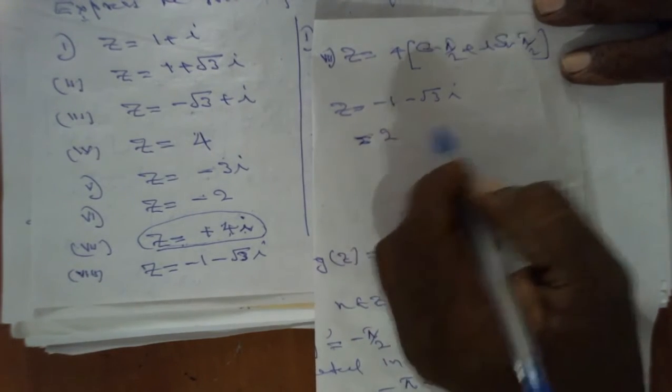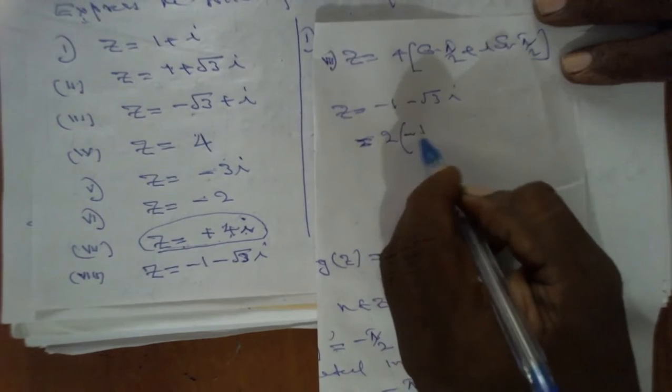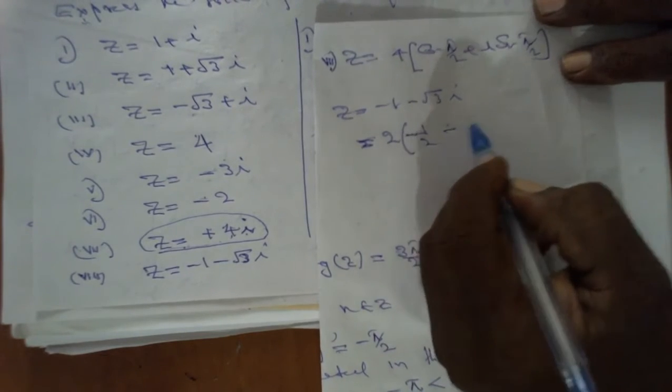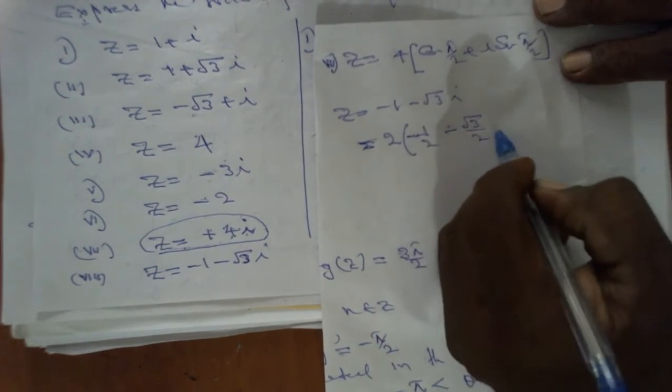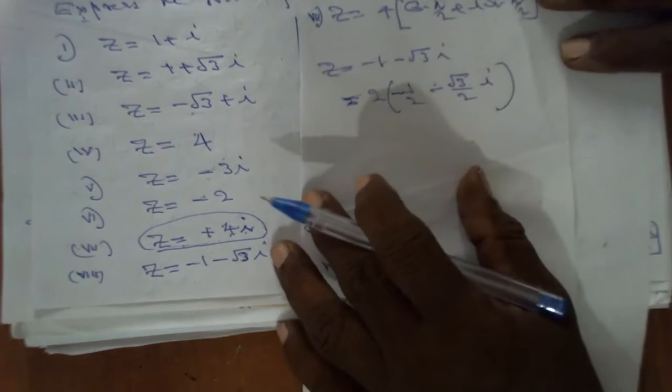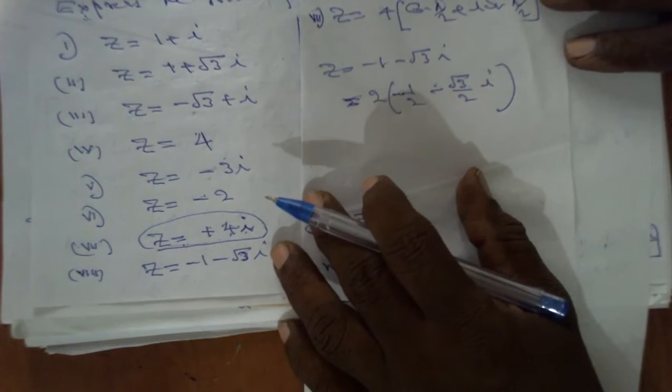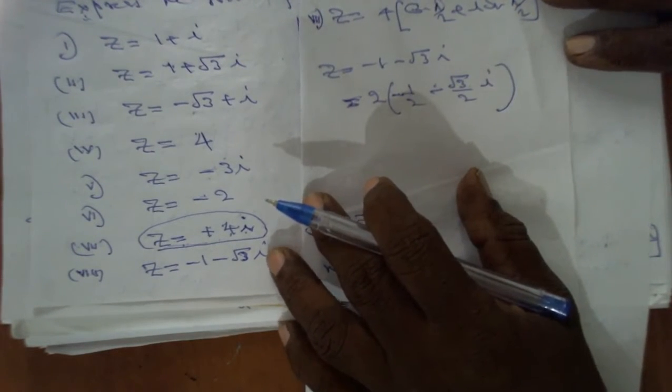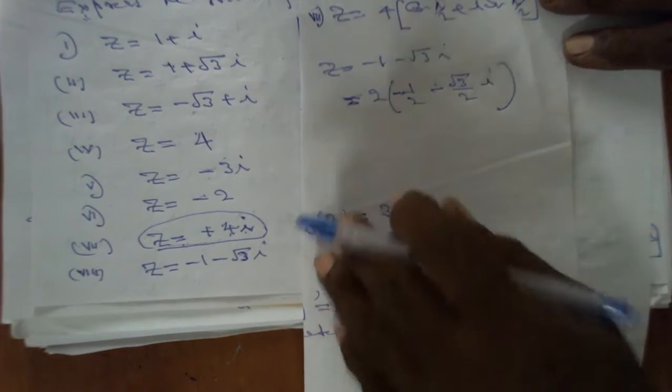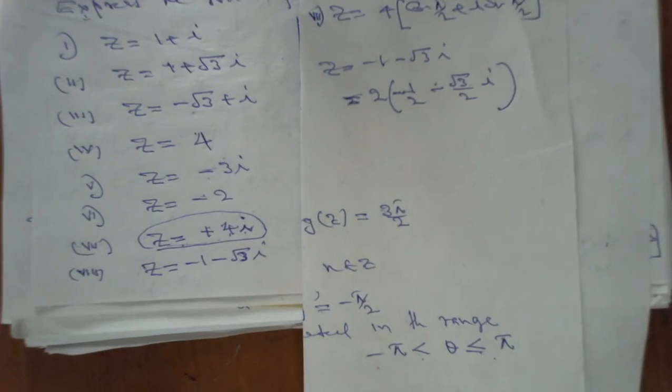Minus half minus root 3 by 2 i. How do you guess this angle? Very simple. 240 degrees, sir. 240, yes, or 4 pi by 3.